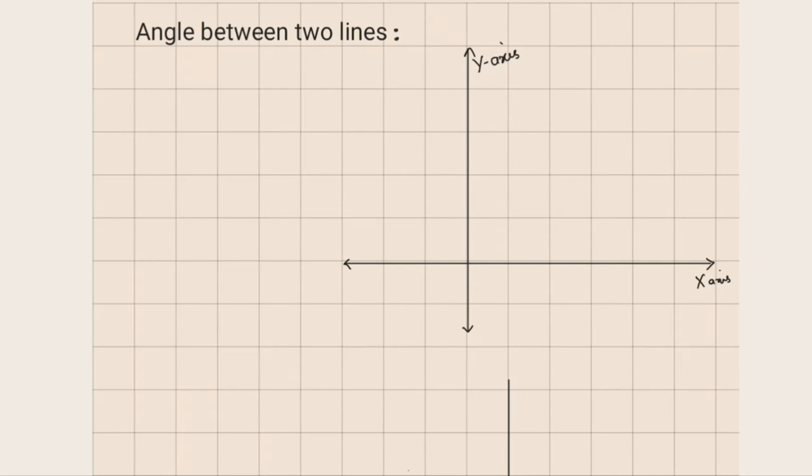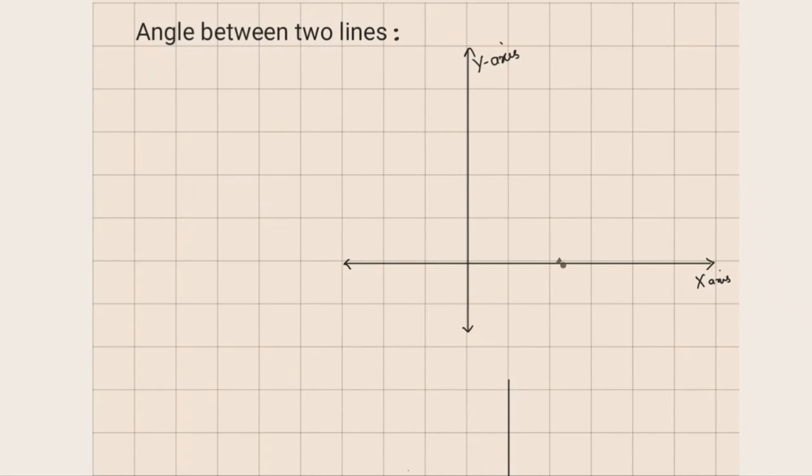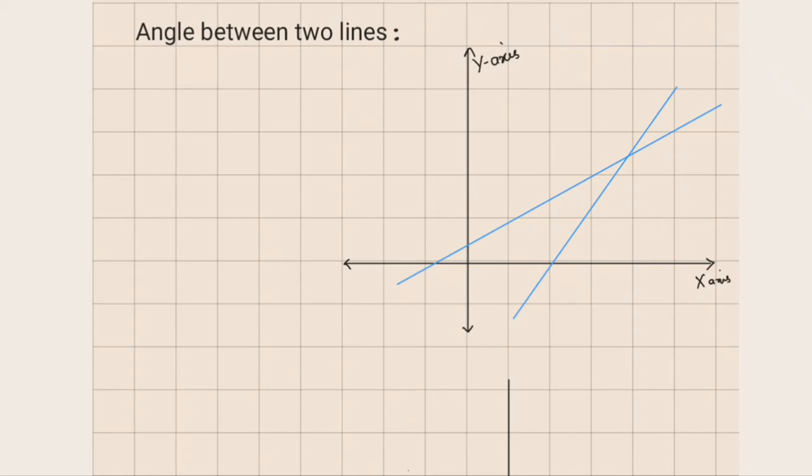Now let's say a line L1 and another line L2. We need to find the angle between these two lines.